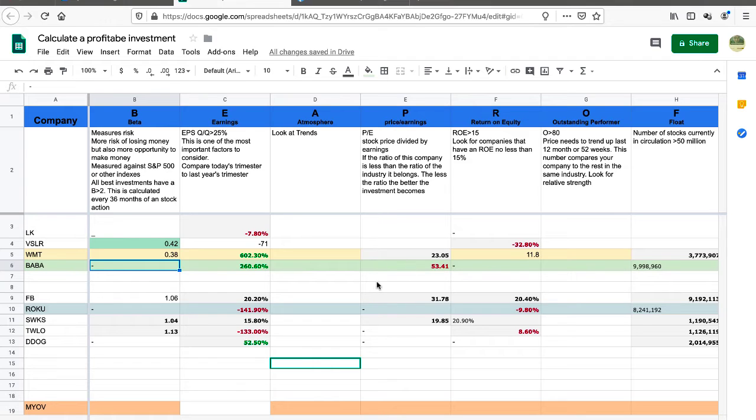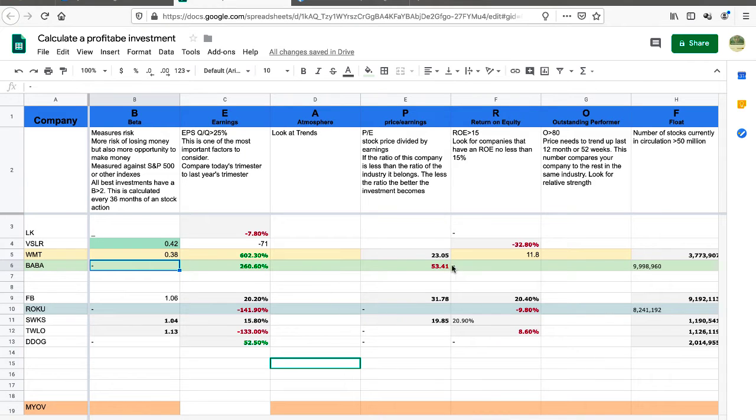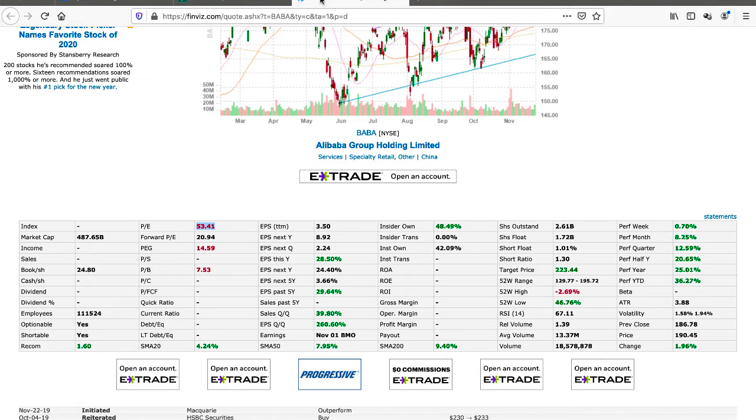Price per earnings. So let me look at the ratio divided by the earnings. And remember, this one was not one of the essential ones, but I still wanted to see, the better it is if it's in the green. Price per earning, PE, is 53.41 and it's in the red, but it's not a major factor. Now, return on investment, remember that we want here 15%, no less than 15%.